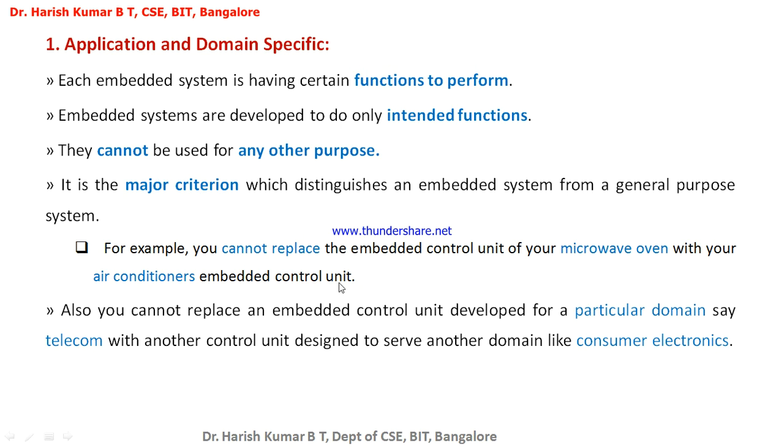Can I do that? No, I cannot, because each embedded control unit is designed to perform a specific task. Here it's controlling the temperature, and there again controlling the temperature, but still I cannot swap them. One is used only for heating purposes, and the other is used for cooling purposes.